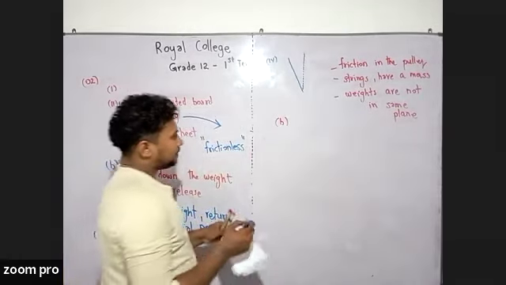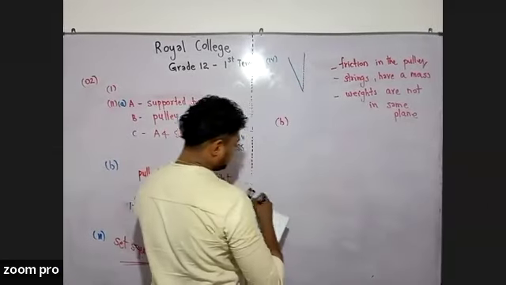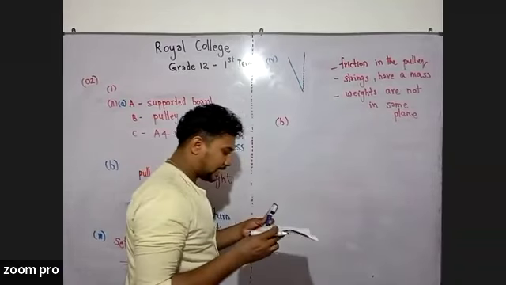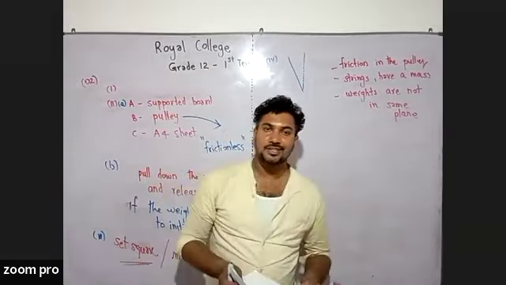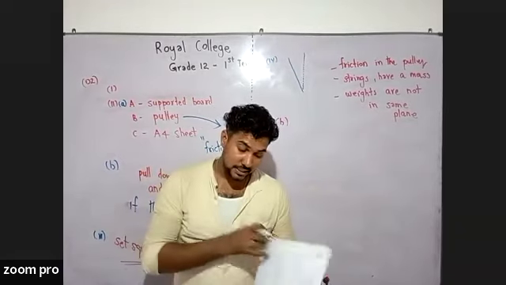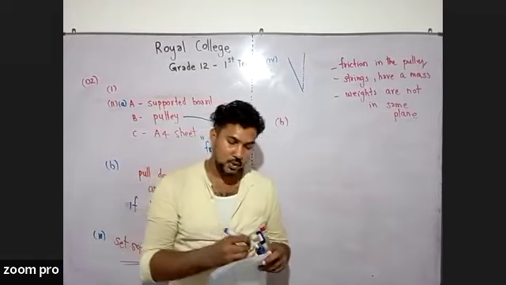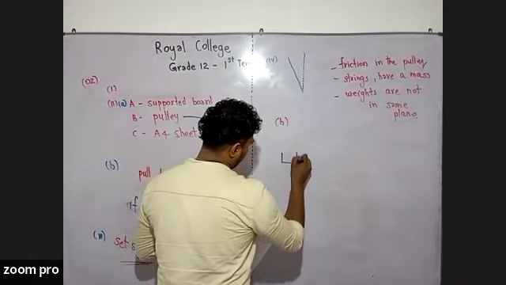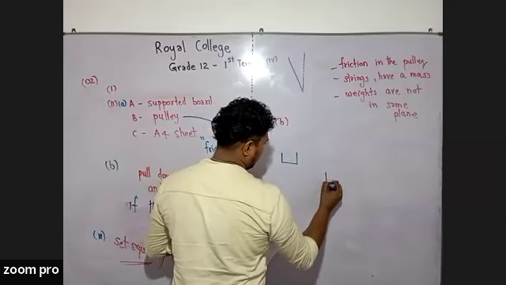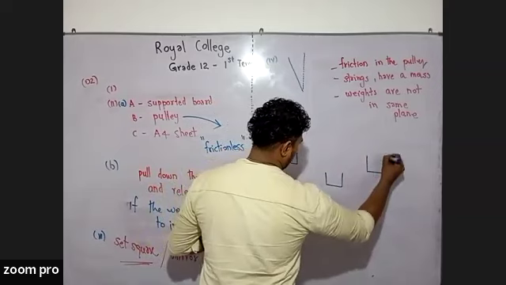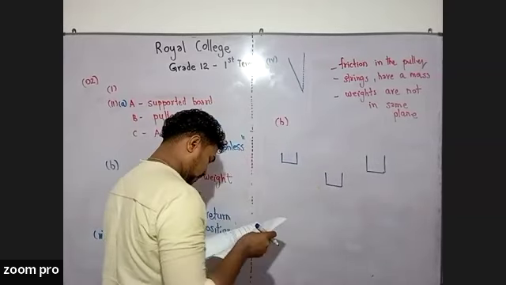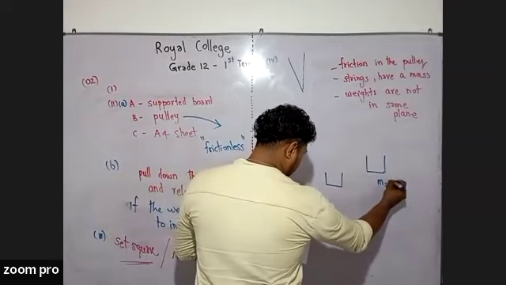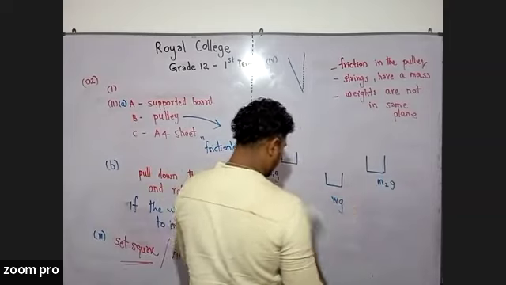Right. So normally, now the mass of the scale pan. Normally we use a pan without a mass, but here they have mentioned that this pan also has a mass. So this is M1G, this is M2G, and this middle weight is equal to WG.